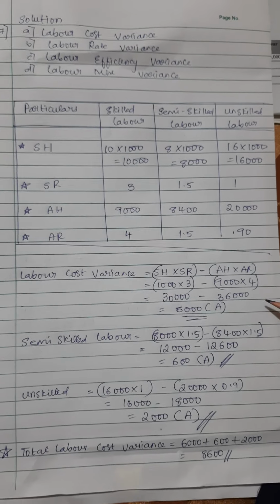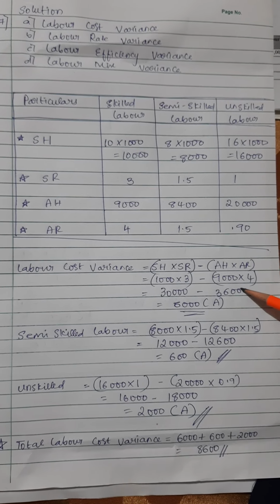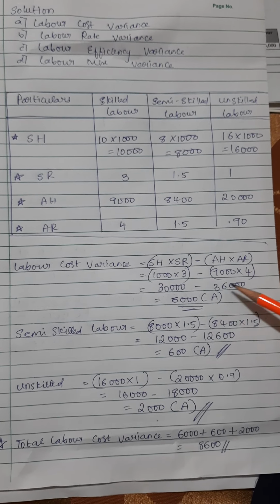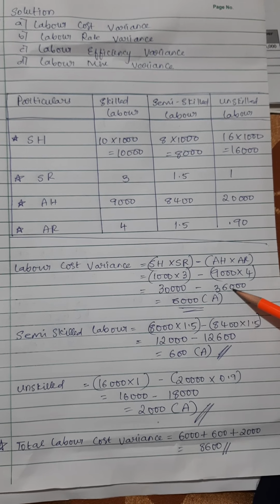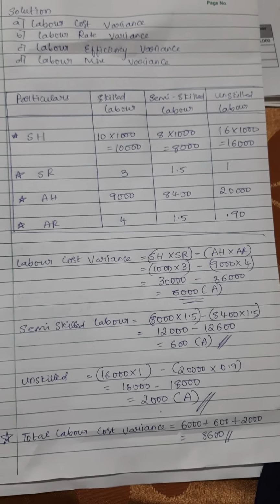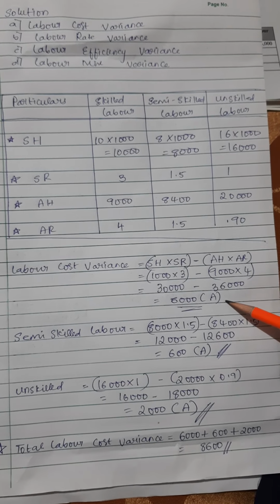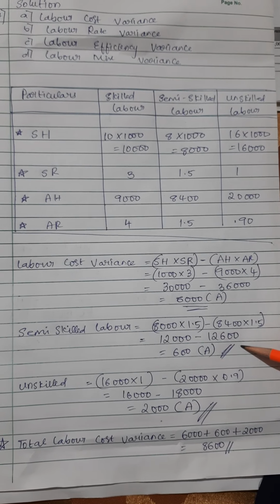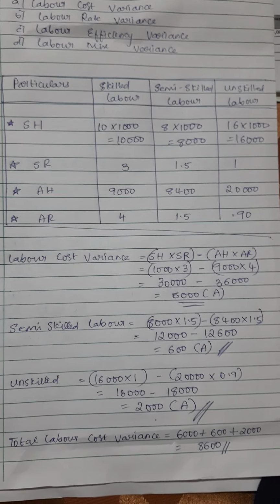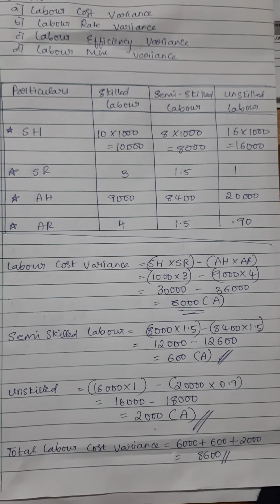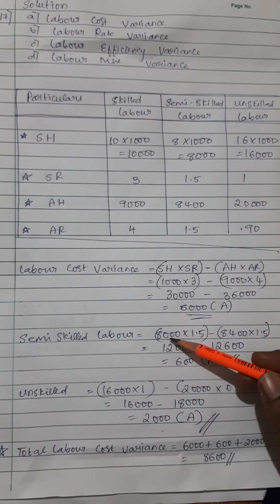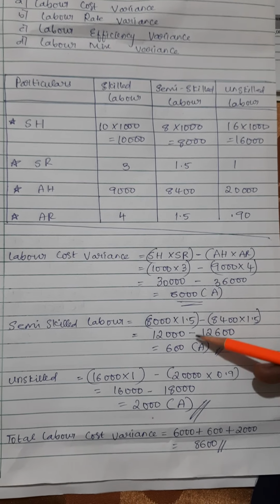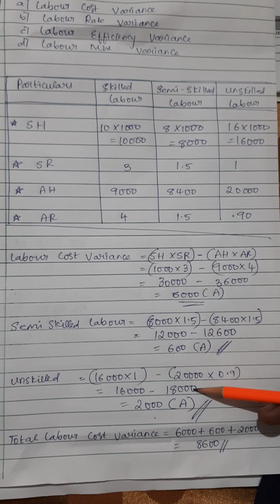Now, first calculation is labor cost variance. I have applied the formula and substituted the values. Here it is a negative value, 30,000 minus 36,000. We are getting a minus value, so I have written adverse, which is negative balance. Then semi-skilled labor, the same formula we are applying under labor cost variance, because we have to show skilled, semi-skilled and unskilled.